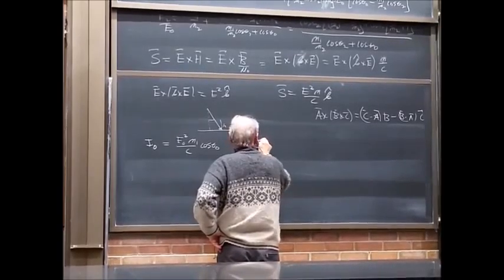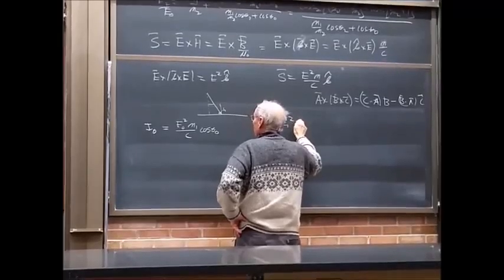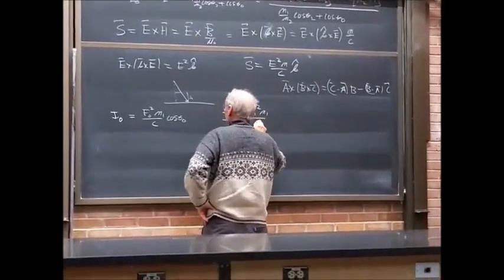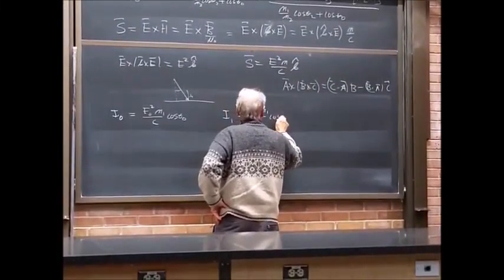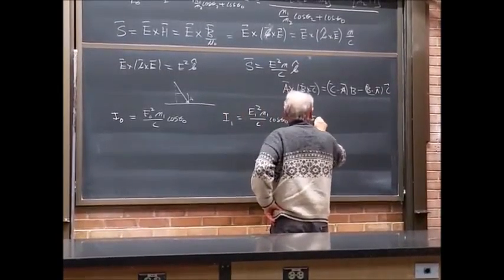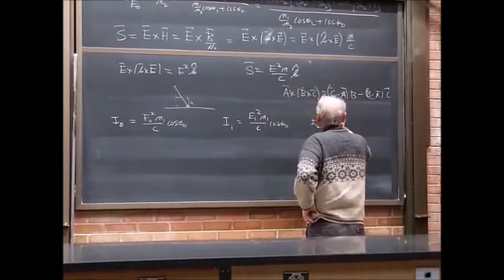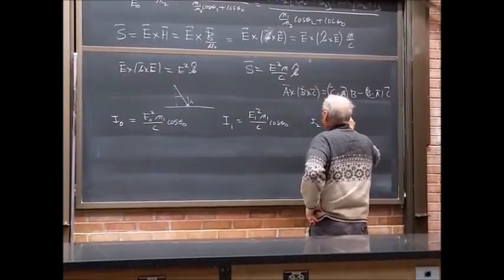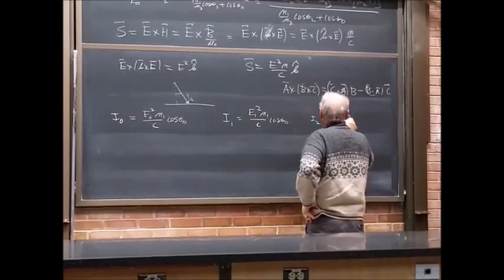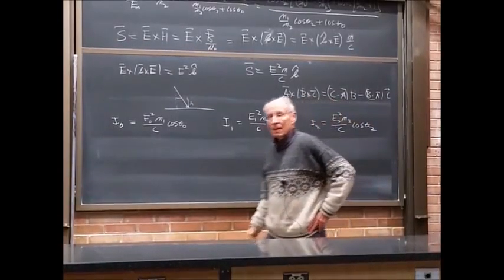The intensity reflected is E1 squared N1 over C cos theta 0. And the intensity refracted going into the material is E2 squared N2 over C cos theta 2.